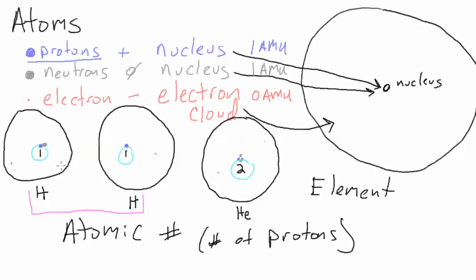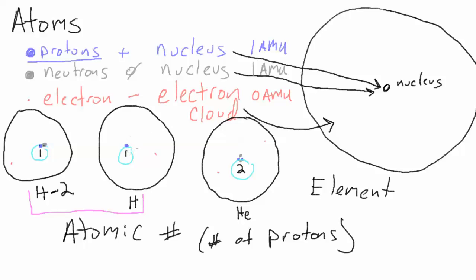The mass of this hydrogen atom is 2, right? 1 mass unit for the proton, 1 mass unit for the neutron is a mass of 2. But now look at this hydrogen atom. It's still hydrogen and has 1 proton, so there's nothing else that it can be.